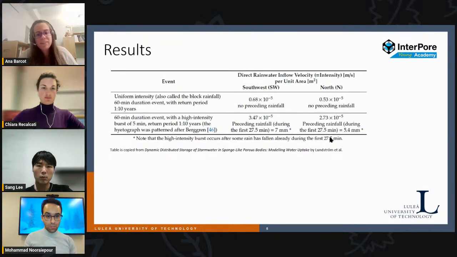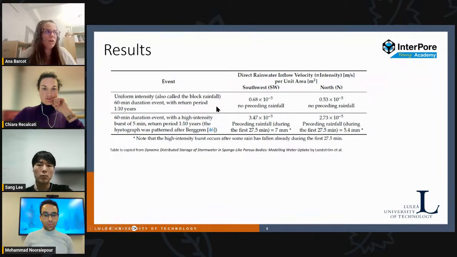As I have already said, we also want to check the best performing model and verify its applicability in real event scenarios. In this previous study, the rainfall data was taken from the Swedish precipitation records for two events in two locations of Sweden.